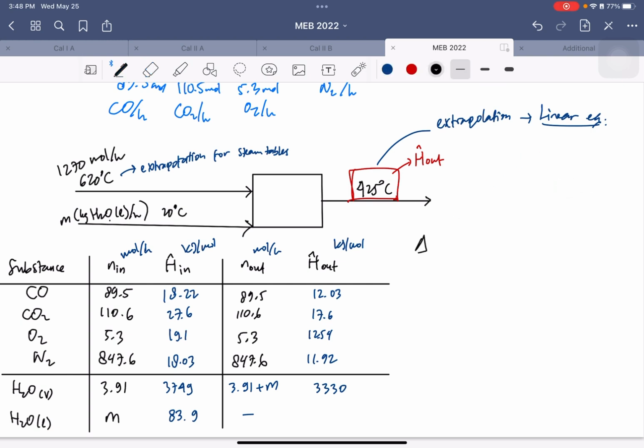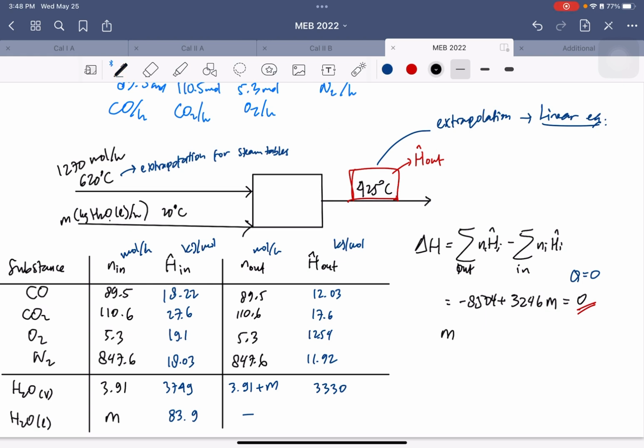So we have the delta H by taking the calculations for all the moles and the enthalpy. This will be equal to... now why is this 0? Because remember, it's adiabatic. Okay, Q is 0.